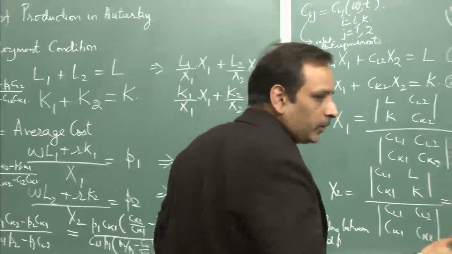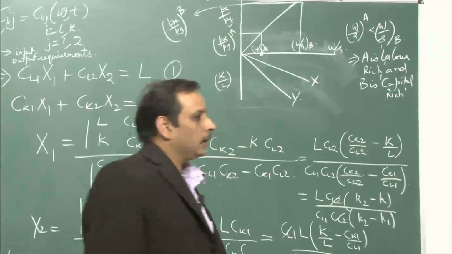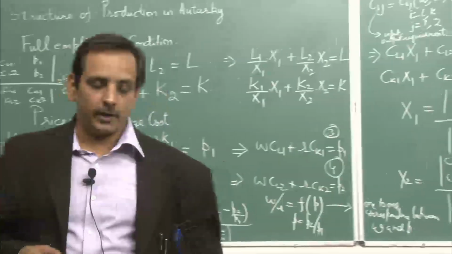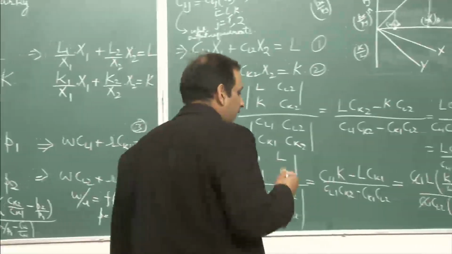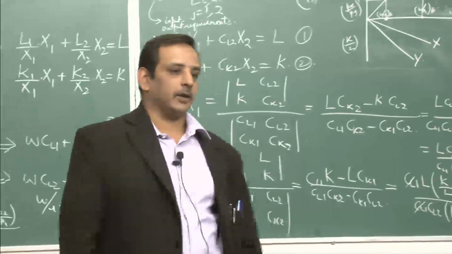This is a crude form of the Heckscher-Ohlin theorem. A refined form is that a country exports the good which uses intensively its abundant factor and imports the good which uses intensively its scarce factor.